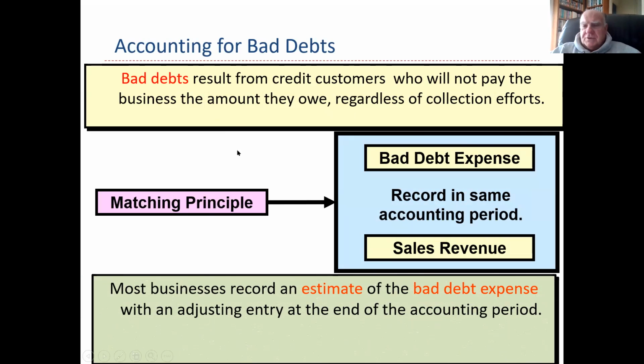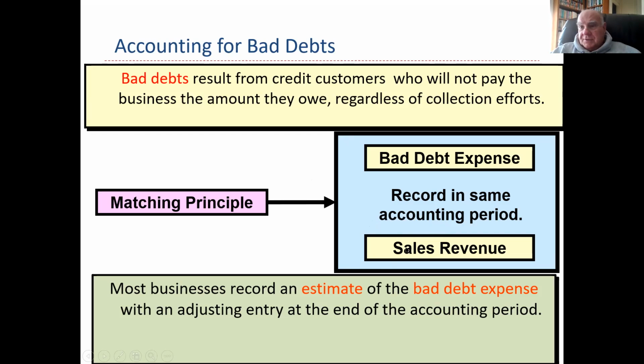Okay? Now, here's the theory of what we're going to be learning now in the next 5 minutes or so. The matching principle says we have to match what? That's right, revenues and expenses. So in this particular month, we had, say, $1,000 of sales. We have to estimate, we have to guess how much of these people are not going to pay us.